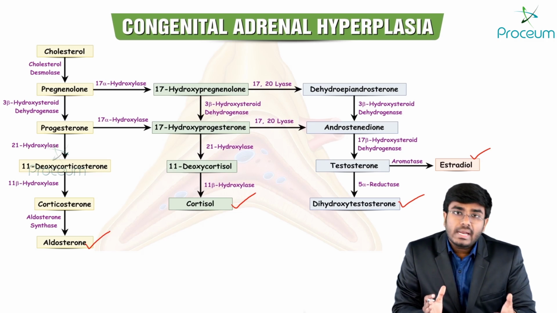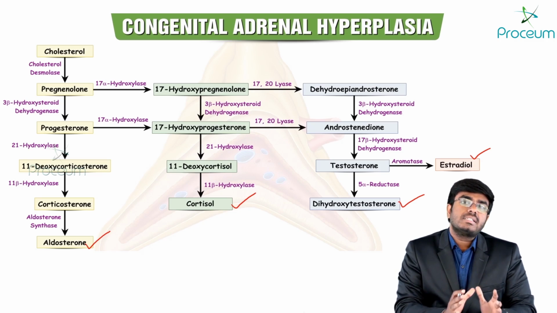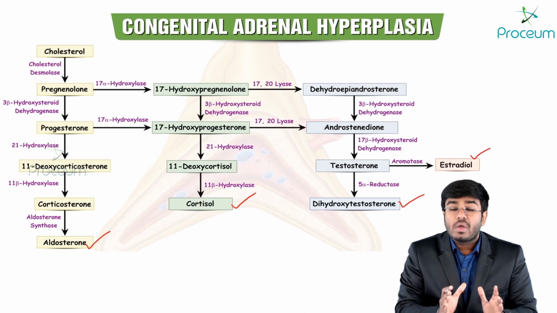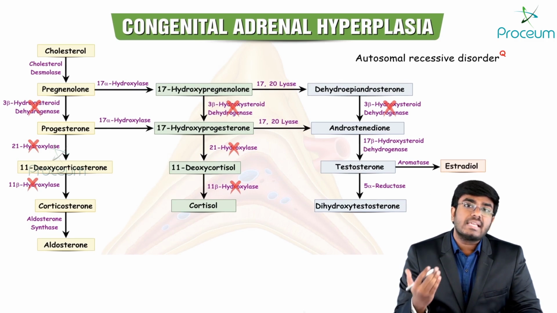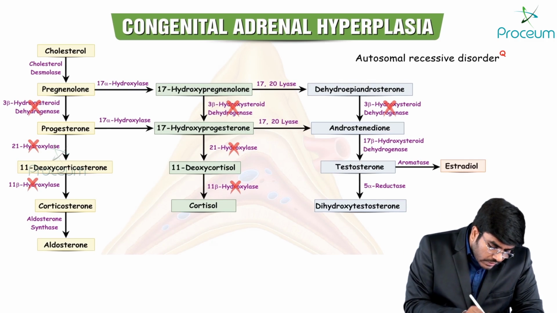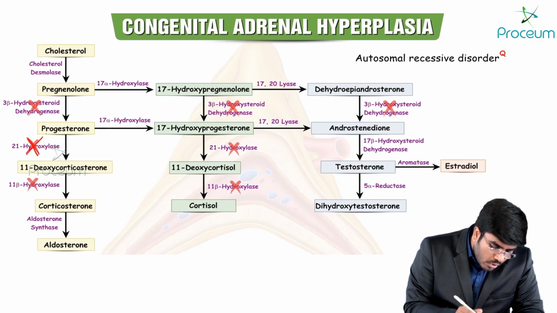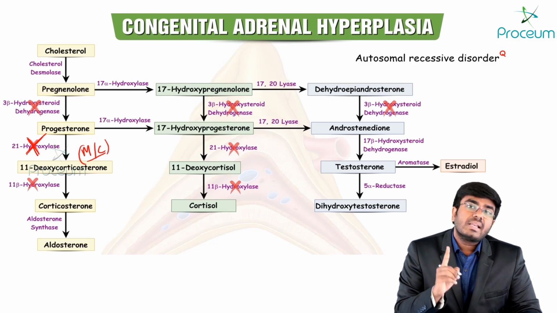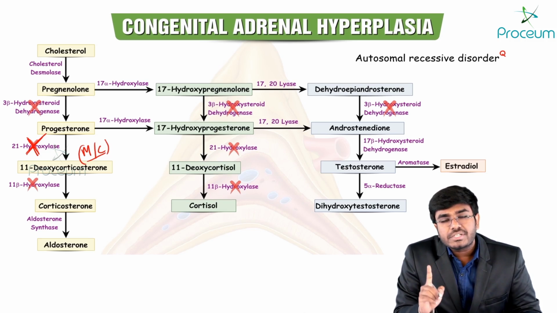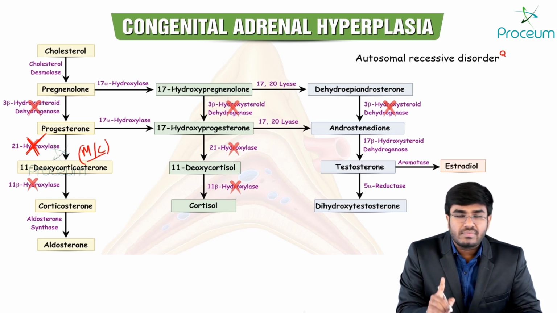But before that, why exactly is congenital adrenal hyperplasia happening? Because there is a deficiency of certain enzymes. Deficiency of 21-hydroxylase is the most common MCQ. The most common enzyme deficiency for developing congenital adrenal hyperplasia is 21-hydroxylase deficiency.